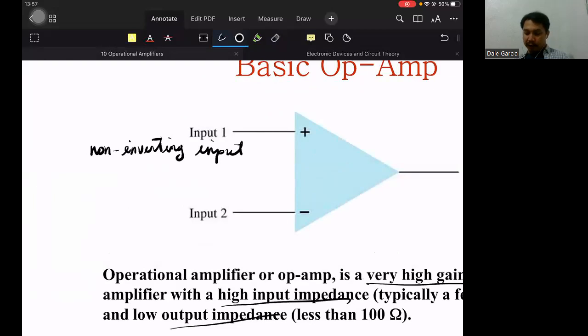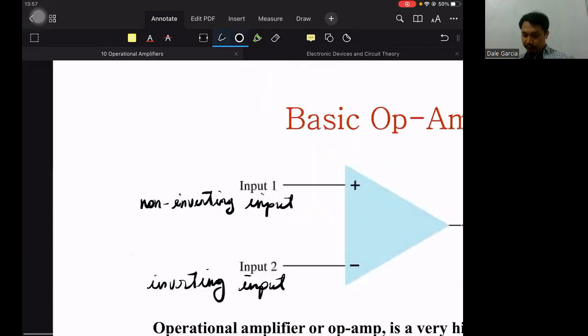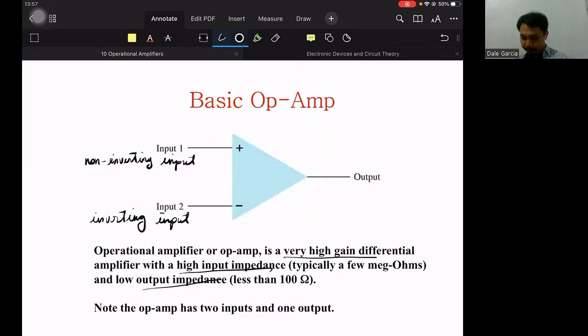Or we do not call it also as positive input. No, we call it as the non-inverting input. One ang iyang proper name. And the input 2 is the inverting input. That's the proper name. So the non-inverting input and the inverting input. Ang output is output na siya.